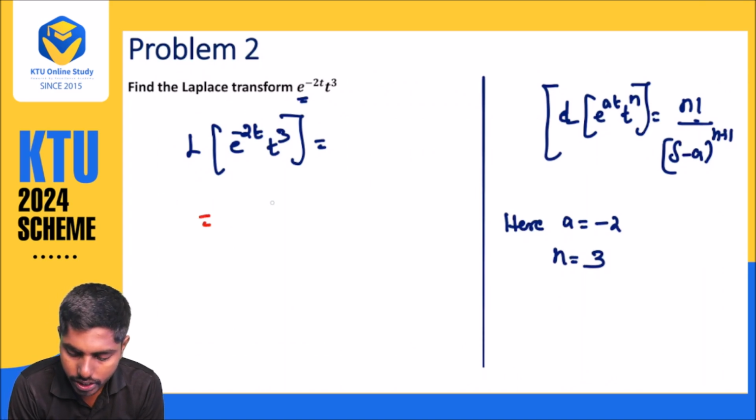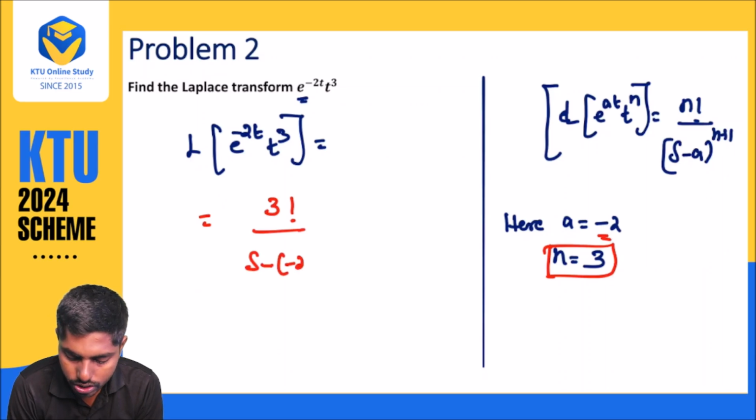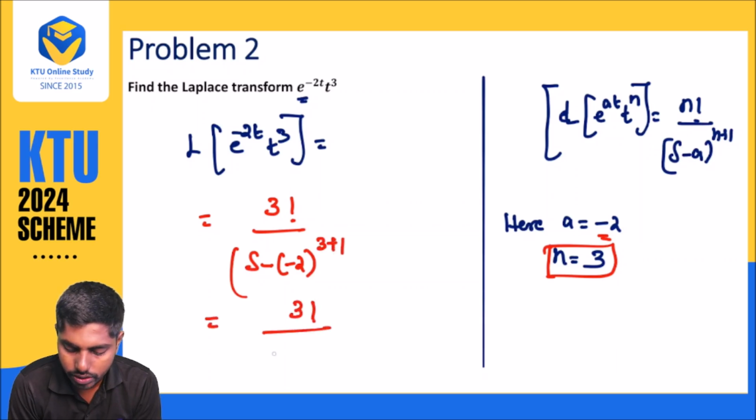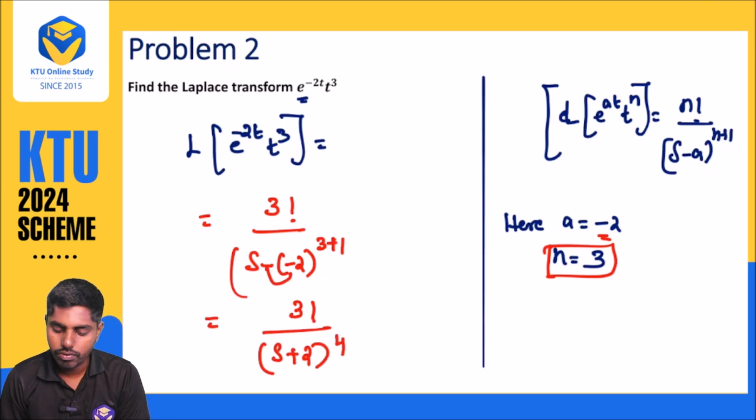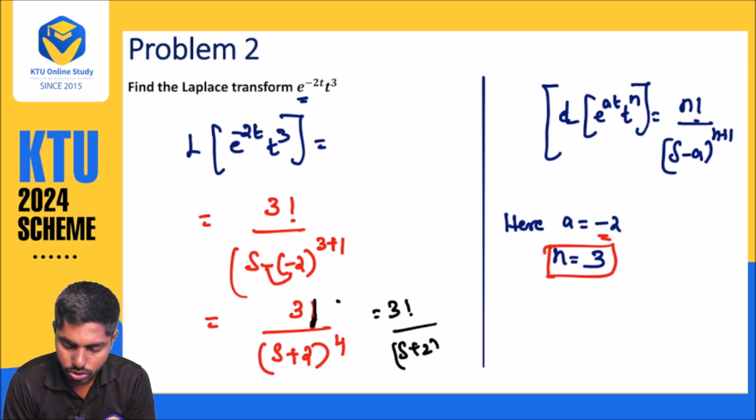So what we will be getting? 3 factorial, n equal to 3, divided by x minus a, where a equal to minus 2, to the power n plus 1, that is 3 plus 1. So we will be getting 3 factorial divided by x minus into minus, it will become plus, (x plus 2) to the power 4.